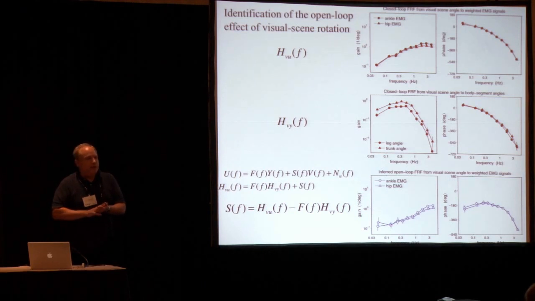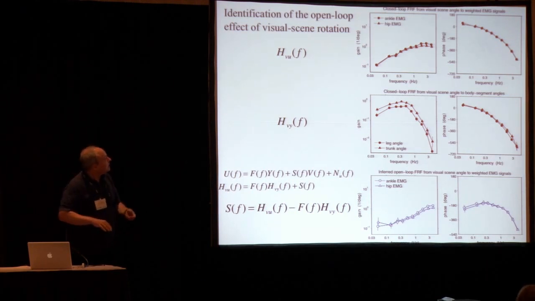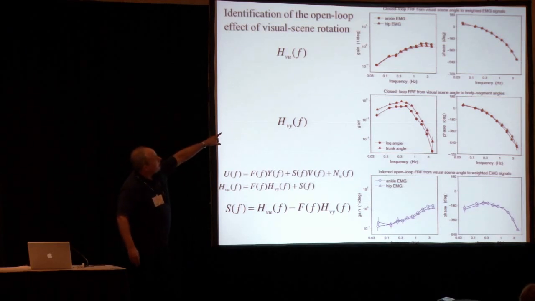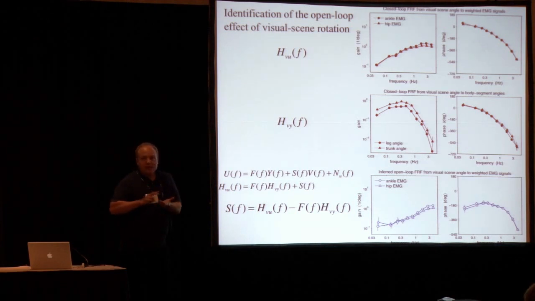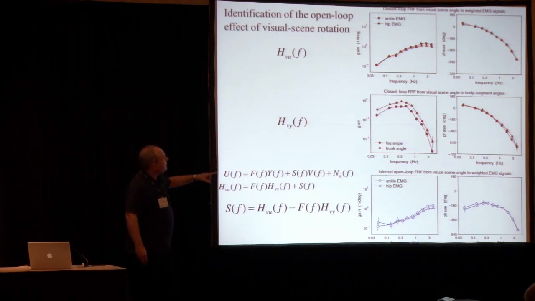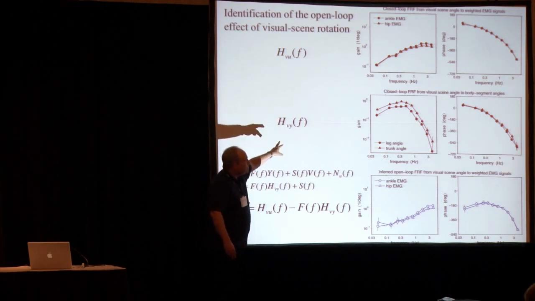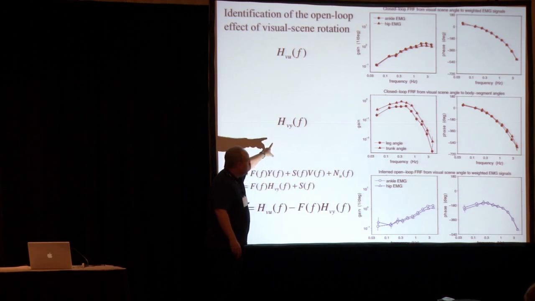So how do you identify, for example, the open loop effect of a visual perturbation? The top row shows the EMG responses to the visual perturbation. Now we have 1 input, which is the visual perturbation, and 2 EMG signals, so you have 2 components to that frequency response function. Second row shows the kinematic response to the same visual perturbation.